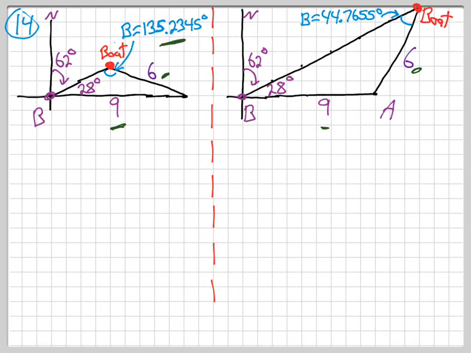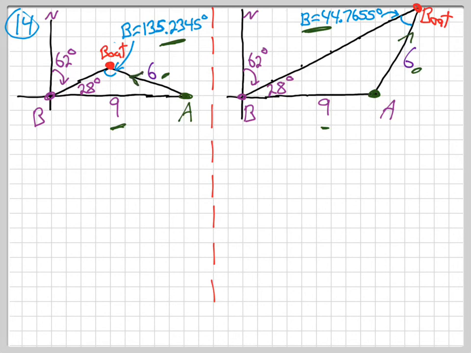Either angle B is a really wide open angle, 135 degrees, or angle B is a really smaller angle, 44, because all they said is from point A over here, the boat traveled 6 miles.